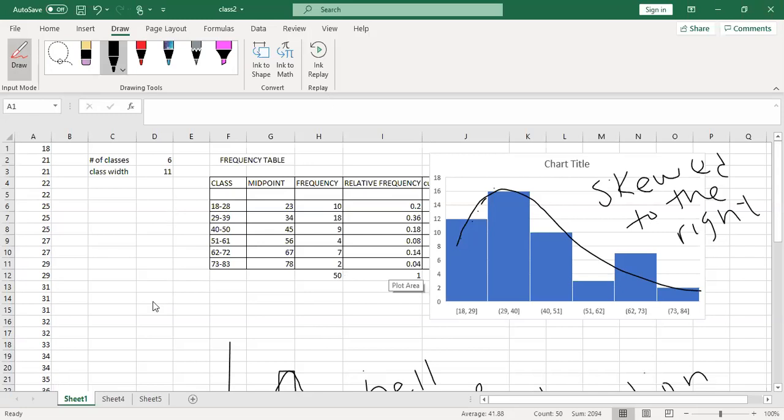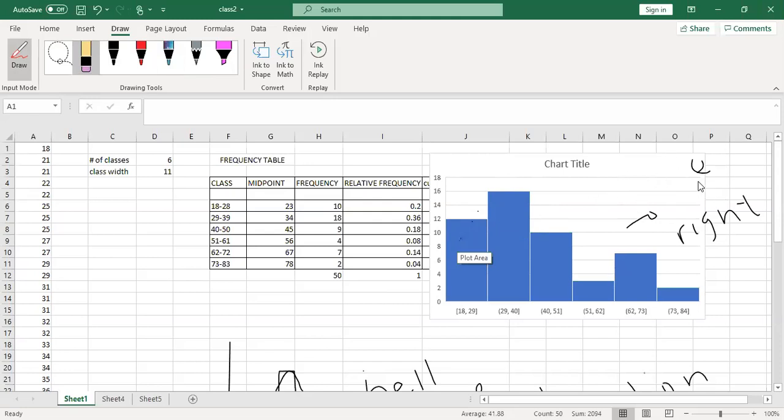There is a graph called the polygon, the frequency polygon. Let's see if I can erase this. The frequency polygon is graphed with the midpoints. The midpoints are going to be here in the middle of each interval.